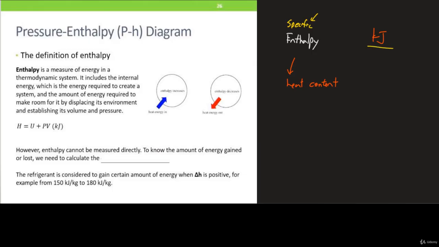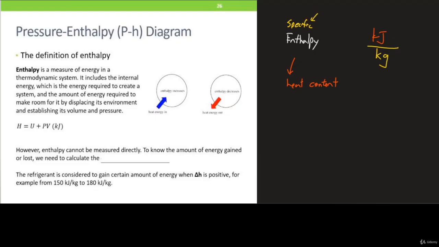So when we say specific enthalpy, it means the amount of heat energy it has per kg. Just like the specific heat capacity of a certain material is in kilojoules per kg Kelvin. So whenever you see the word specific, it means per unit mass.